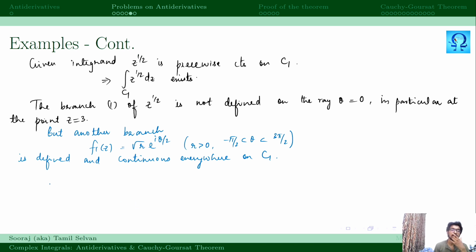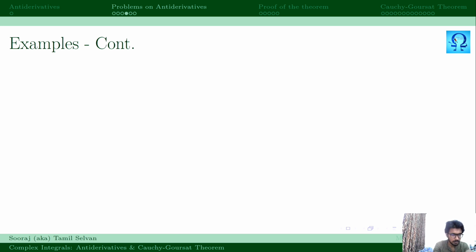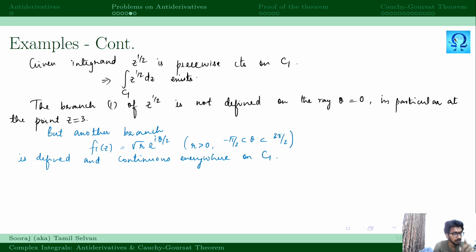Now we have considered two different branches of the same function. The first branch, given in equation 1, is not continuous at one point, since the branch itself is not defined at that point, 3. Whereas the other branch is continuous everywhere on C1. Let me mark this as equation 2.